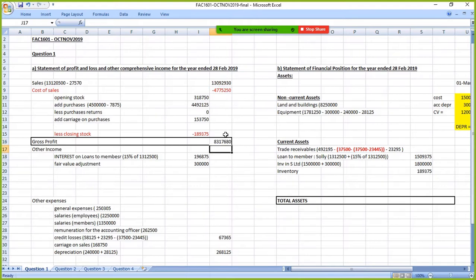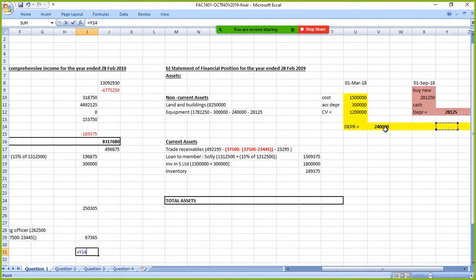Subtract gross profit. Other income is this plus that. Other expenses. Ooh, I've put these in the wrong column. It's fine, we'll move them up. Depreciation.